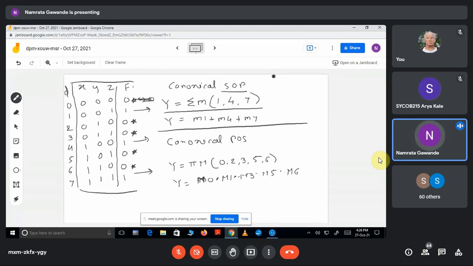Because this is a POS form, product of sums, and all those terms are representing sum terms, so we have to take the product of those terms. Here we have to take the sum of product terms.